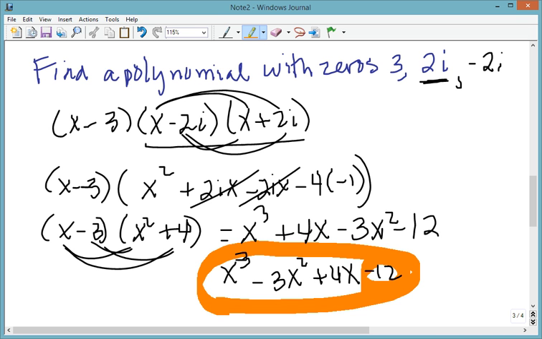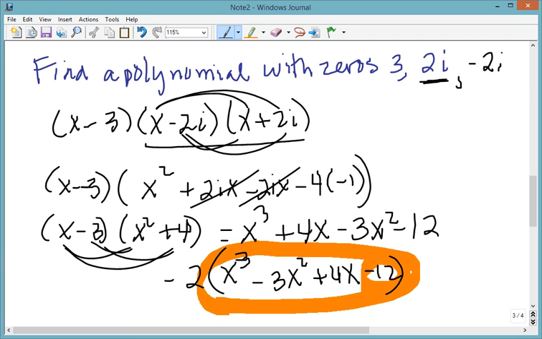So in order to get to the number I want, I'm going to have to multiply my polynomial by 2. So we would say this whole polynomial multiplied by 2. That would give us a negative 24 on the constant. Now if I really did want positive 24, which is what I said, I'd have to multiply by negative 2.